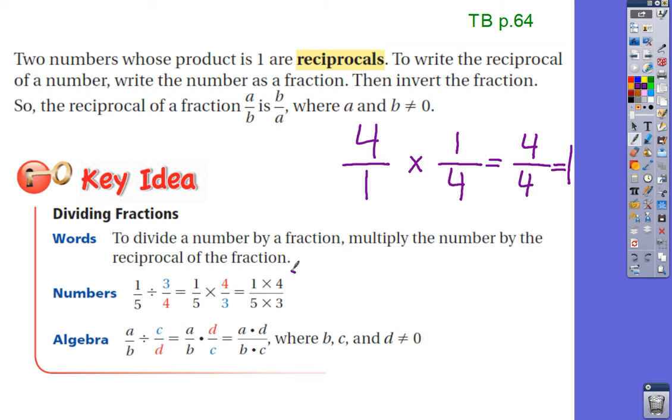So my new math problem is 1/5 times 4/3. And here they've rewritten it. They just use the same fraction bar. It doesn't make any difference. Our first example right here is the same as the second. Now, we're not going to worry about the algebra example right now. When we get to chapter 3, we will be talking about algebra.